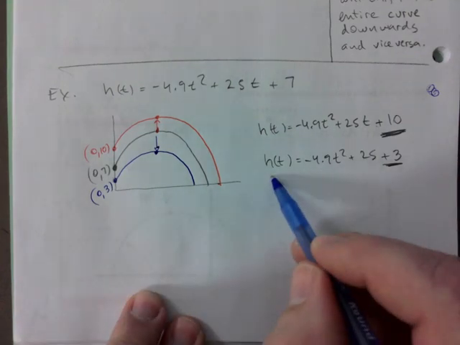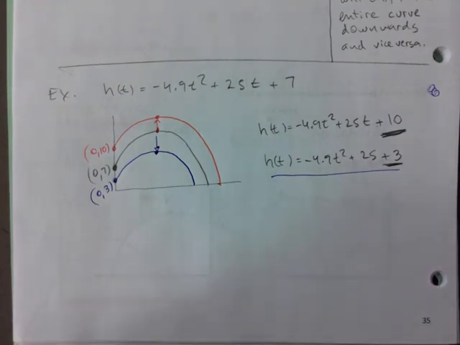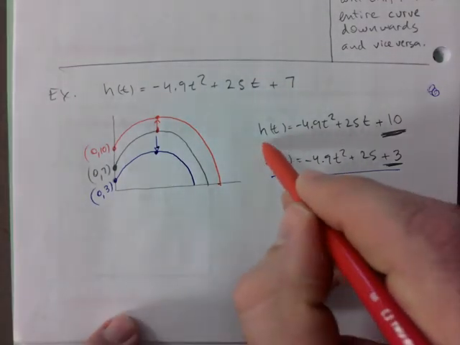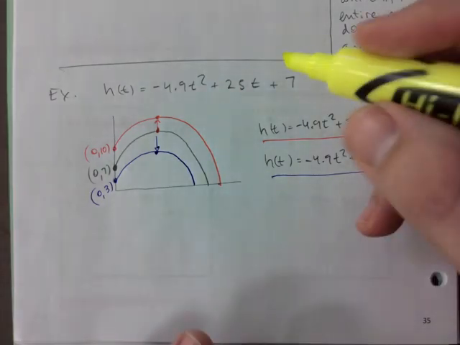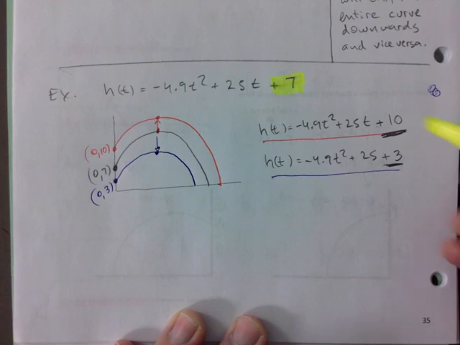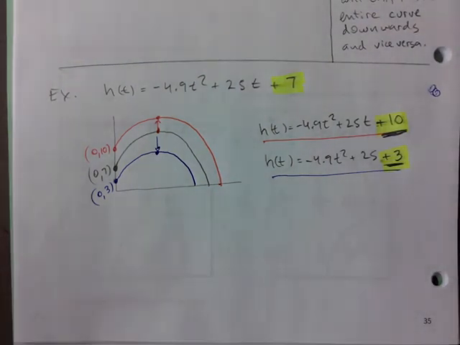So I used blue here, red, and pencil. And I will just highlight that one, that I changed C. I increased it or reduced it, right?